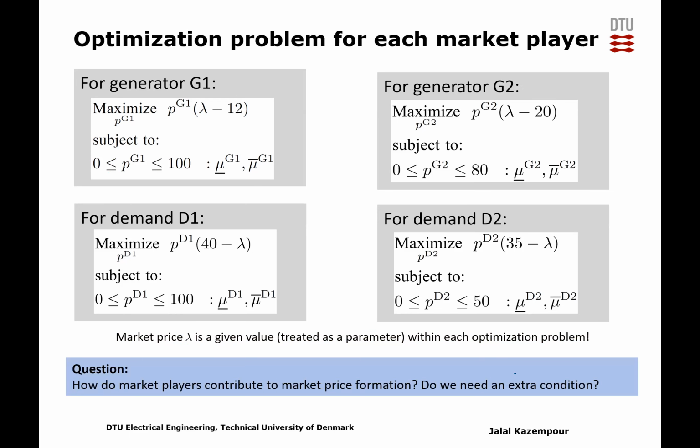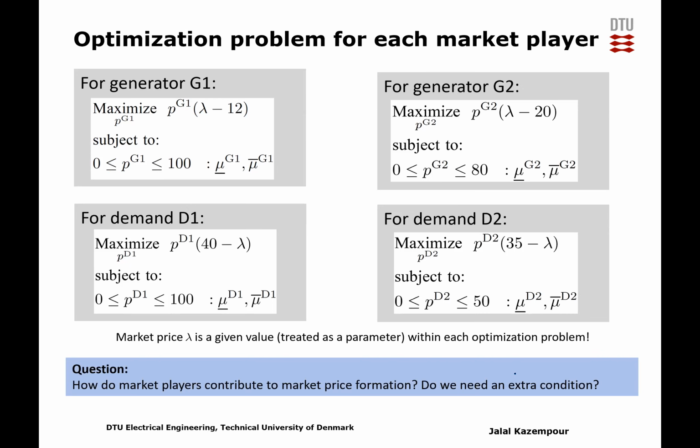So the question is, how do these four market players contribute to market price formation? In addition to these four optimization problems, do we need an extra condition? Yes, exactly.